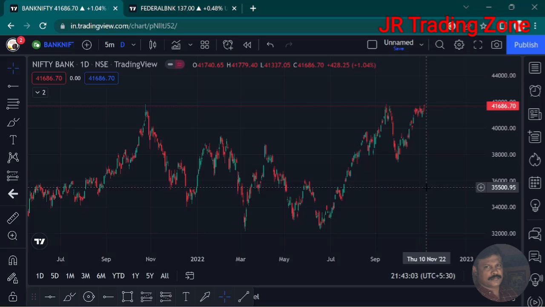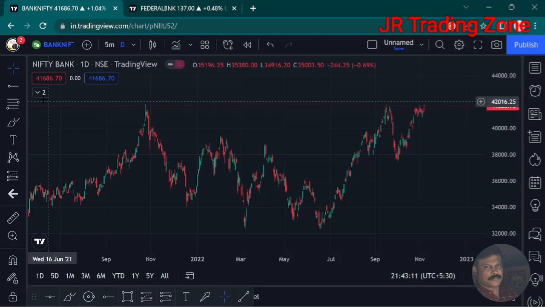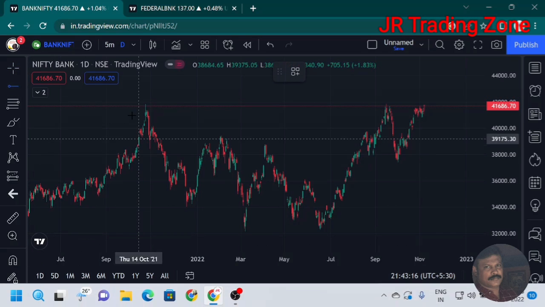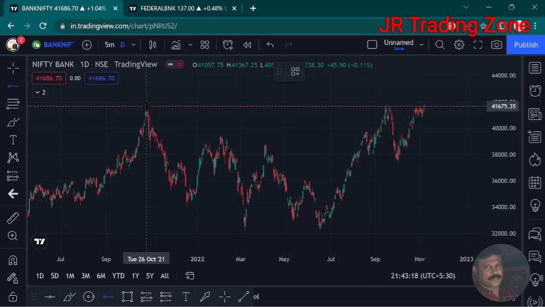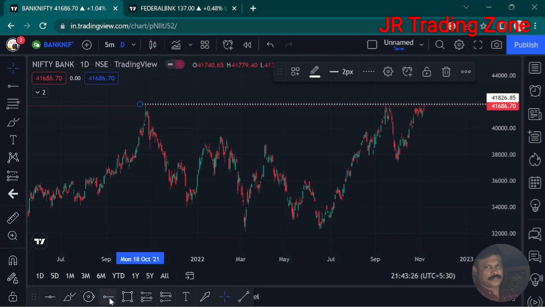How can we mark the support and resistance? I will show you. You can use this line tool. You see, this is the top. This top part is called the resistance. Here you can mark the resistance level.